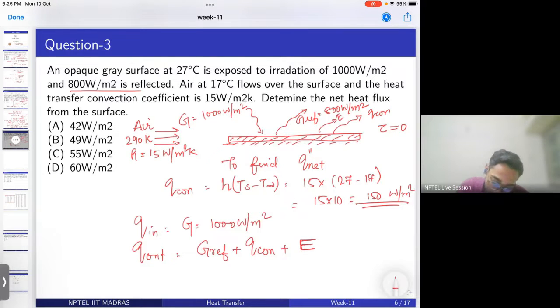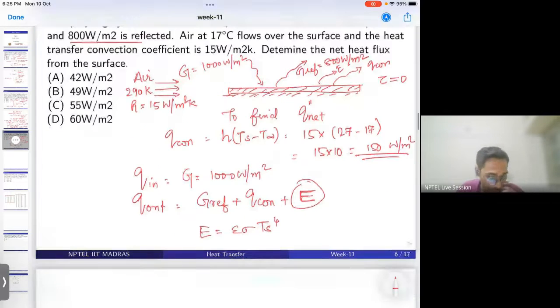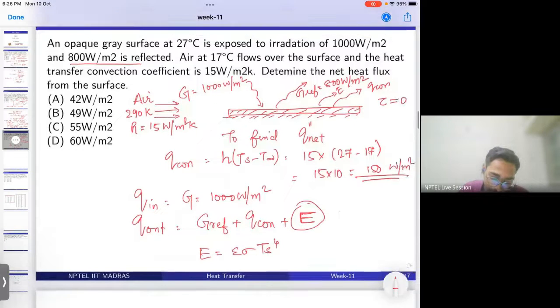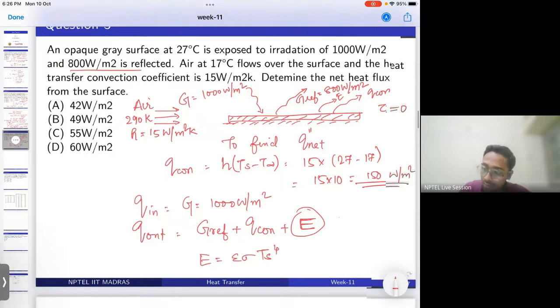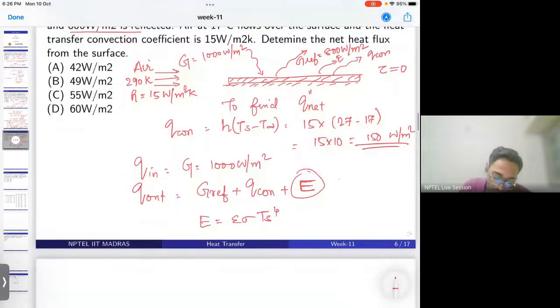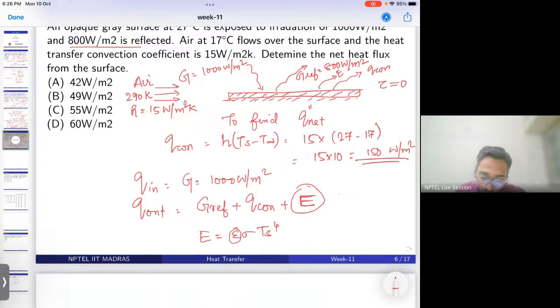So our task is to find this E. For finding E, we need to find the emissivity. So how to find it?